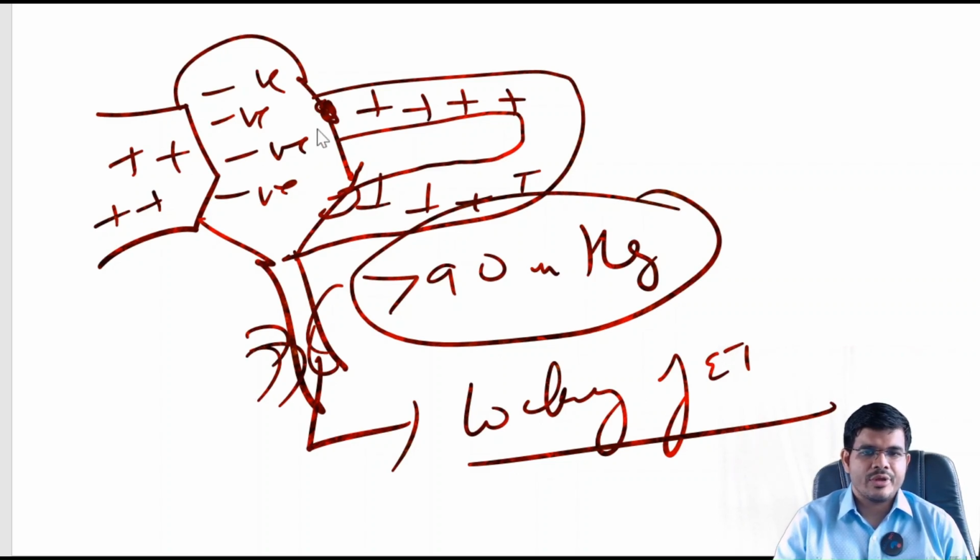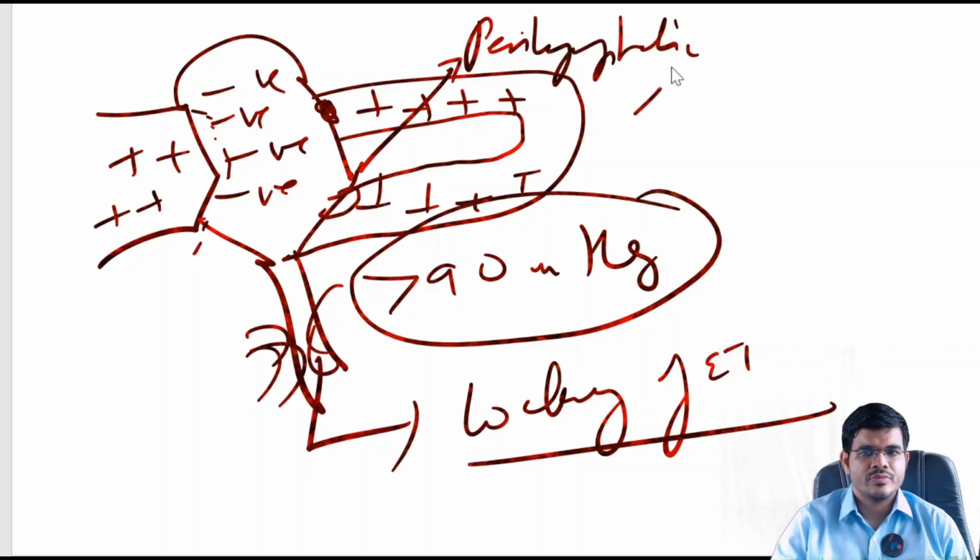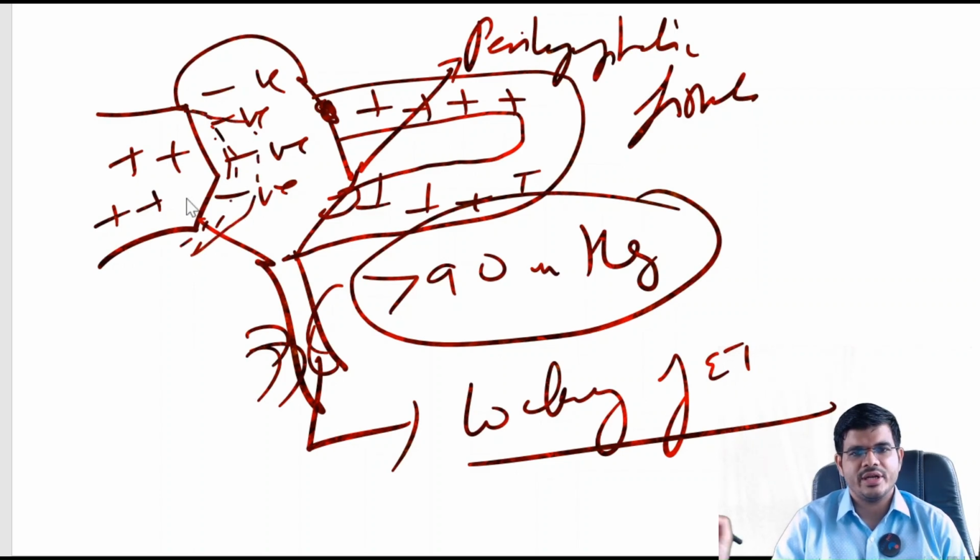There is a negative pressure here, and because of that the ear ossicles will get disrupted, and because of the positive pressure the round window membrane will rupture, and because of the rupture of the round window membrane there could be a perilymphatic fistula, and even the tympanic membrane also will rupture due to the pressure changes. It will get retracted and finally rupture. Okay, all these things can happen.